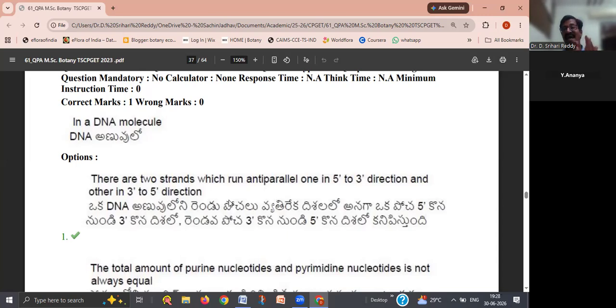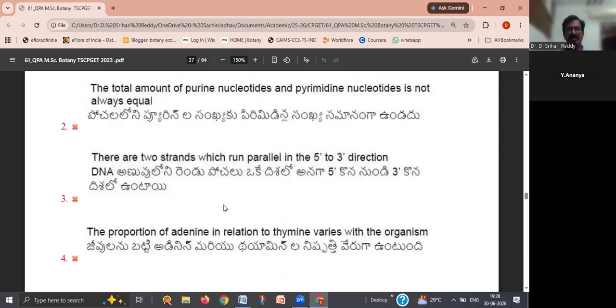So that is called anti-parallel. If both are 5' to 3', it is called parallel. But one is 5' to 3', another strand in reverse order, 3' to 5'. That is called anti-parallel double helical structure. So this is the right statement. Okay, that we can understand.